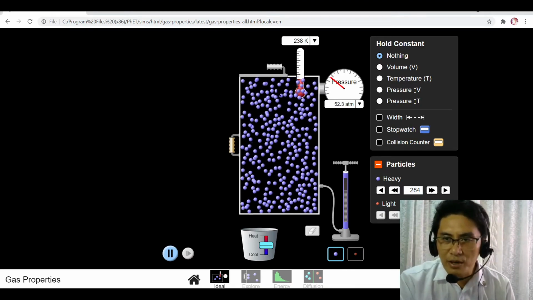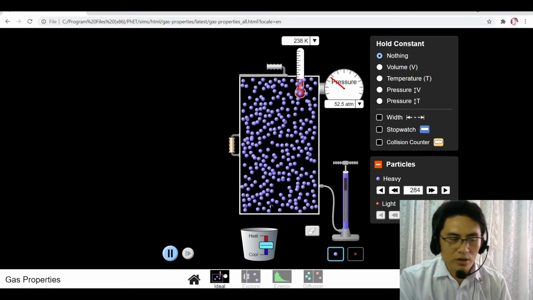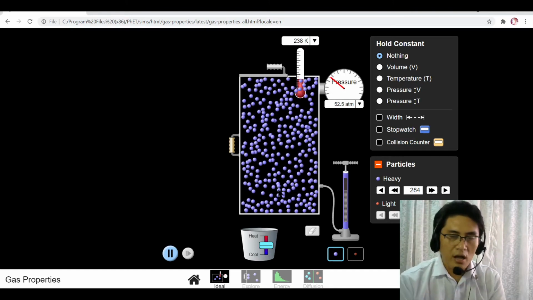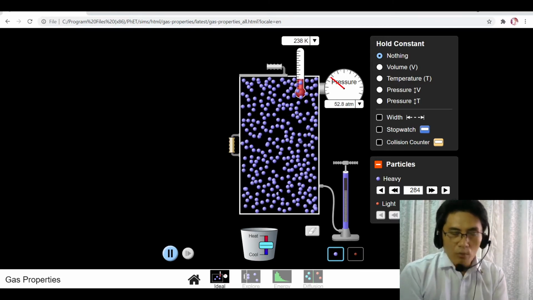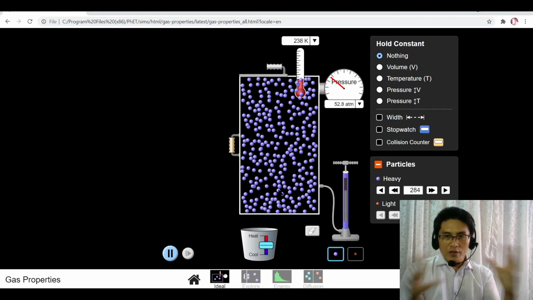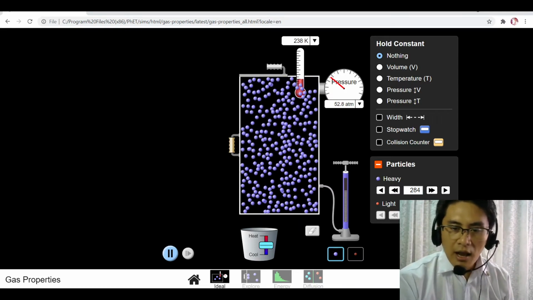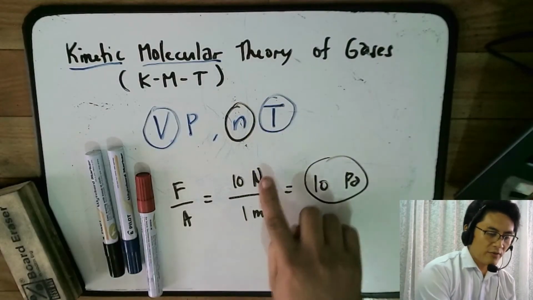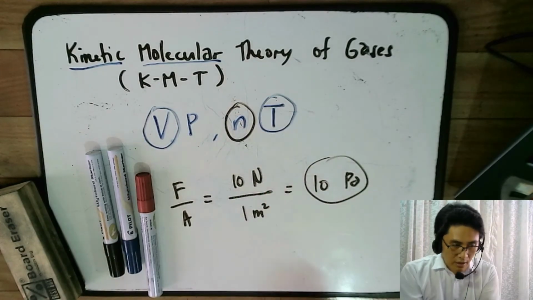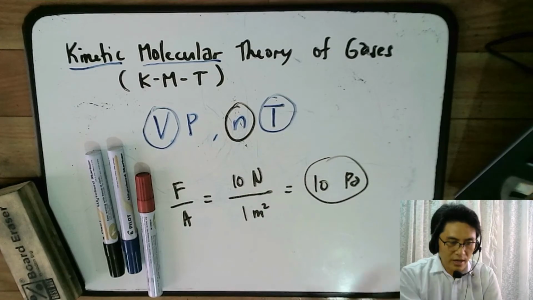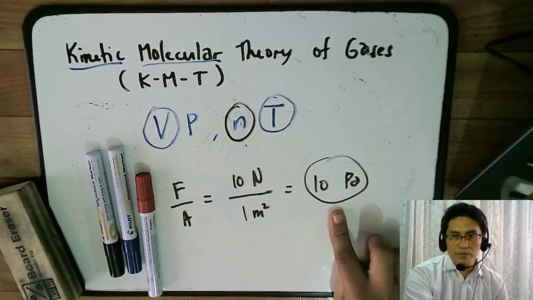So all of these particles that are moving and colliding with the walls are exerting force on the container. Then all you have to do is count how much force is exerted on the container's walls, and divide that force by the area of the walls of the container, and you get the pressure.